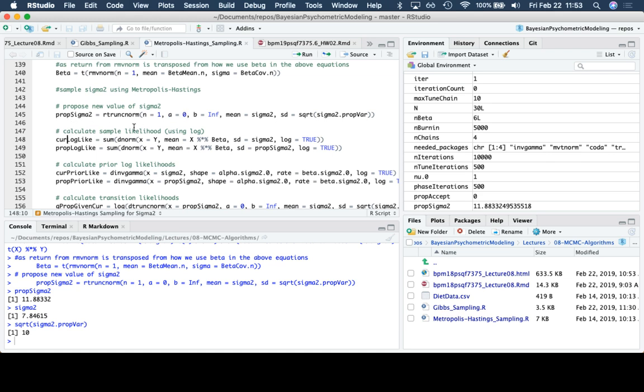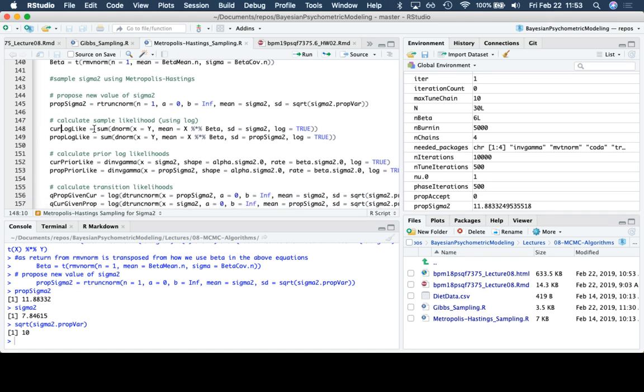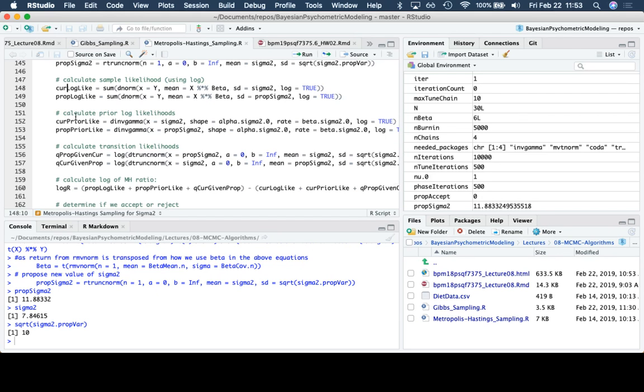So now I calculate the likelihood of our result with our current value of the parameter. What's our likelihood of the data? Well, I need to plug in y, plug in the mean for y, which is x beta, and plug in our current sigma squared. If I take the dnorm function and return a log, I get the log likelihood for each case, this thing right here.